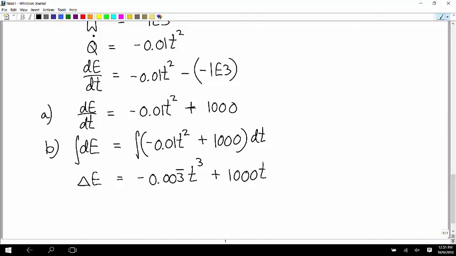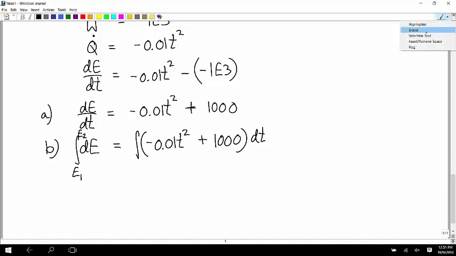So what we're doing here, let me do it sort of carefully. We're going from E1 to E2, or E1 to, whatever this, to E at time T. And over here, we're integrating from T equals 0 to T, and make these like a dummy variable.